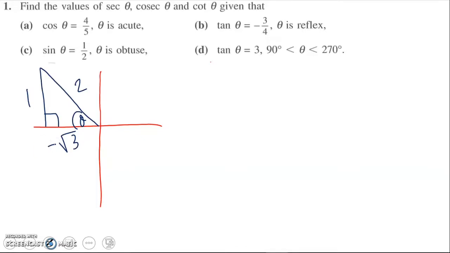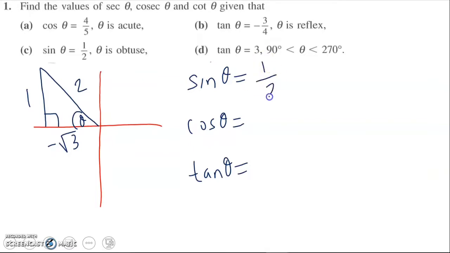Now let's go ahead and state sine, cosine, and tangent. Sine would end up being, again, that's given, 1 over 2. Cosine is negative square root of 3 over 2. Tangent would end up being negative 1 over square root of 3.